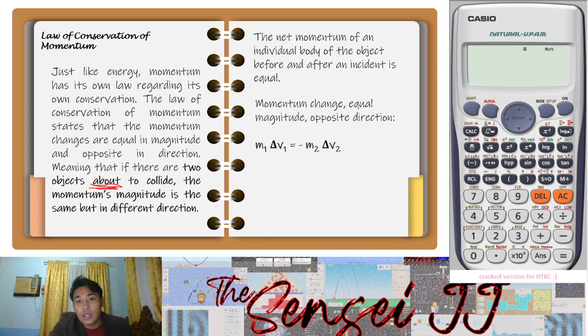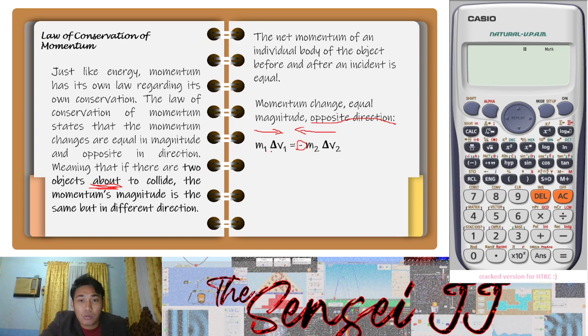We have m1 delta v1, which is equivalent to negative m2 delta v2. Sir, question, why is there a negative? This negative sign is the indication of opposite direction. So if this one is going to the right, then the other one is going to the left. That is just the indication of direction.